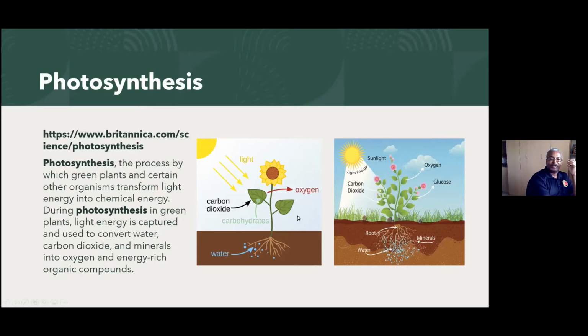The tree in itself will give out oxygen. In this case also, it's transpiration. And here's another example of basically how photosynthesis occurs. You have the light source, you have the carbon dioxide going in, and oxygen and glucose flowing out.